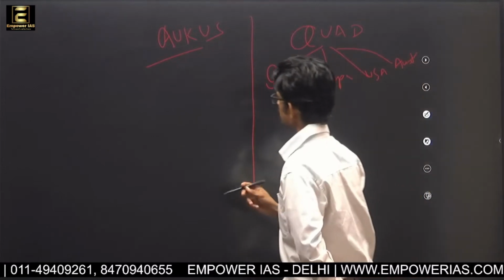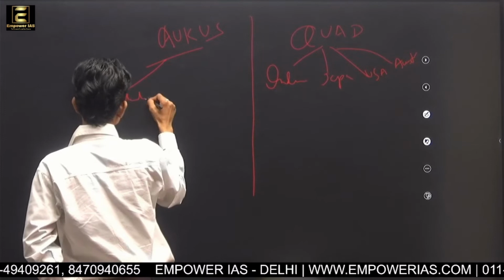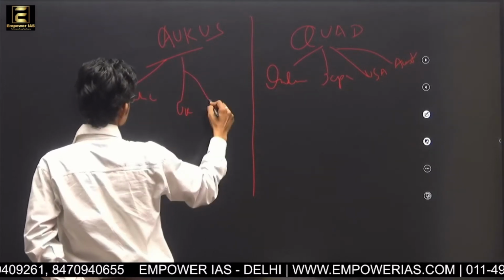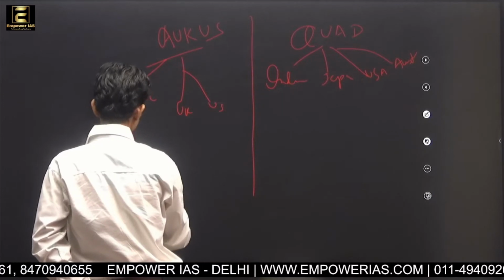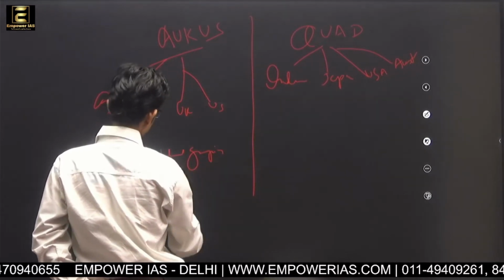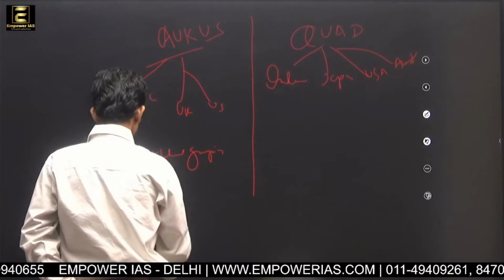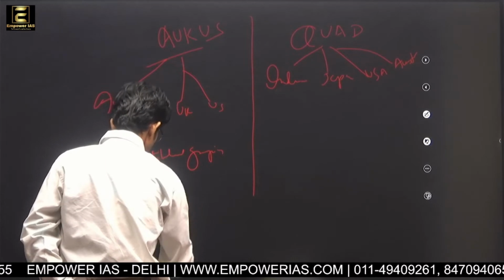So these 4 are in Quad. AUKUS comprises Australia, UK and US. It is a multilateral grouping for doing military exercises and a strategic group.